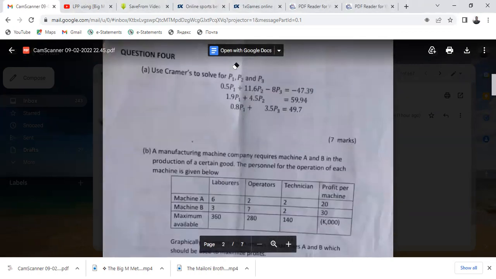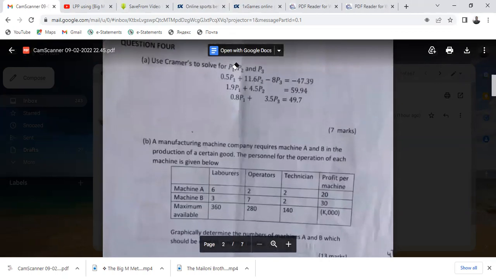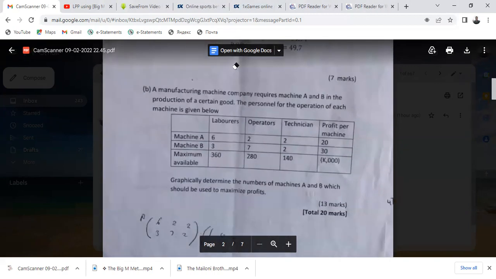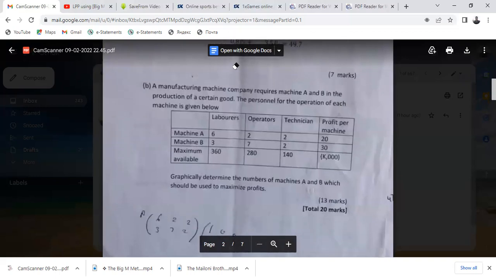Cramer's rule, you guys, do you still remember it? It's the one that I was explaining. Then this one can come as such a kind of question.